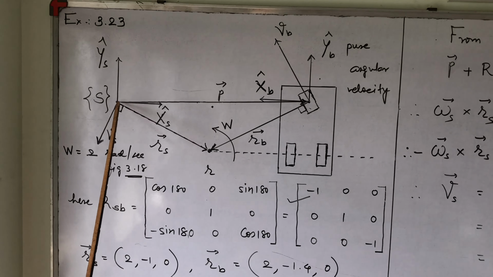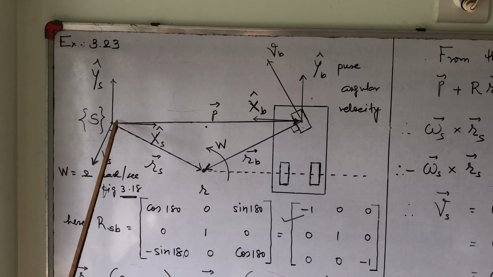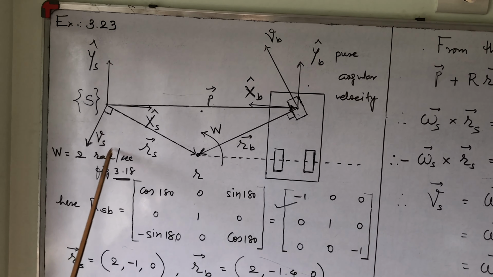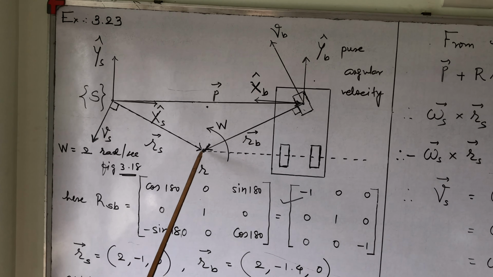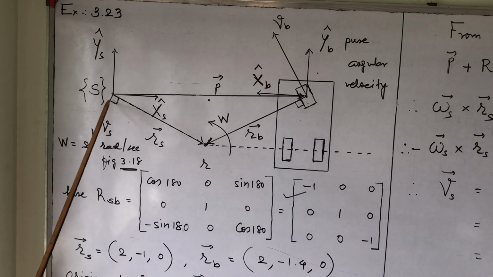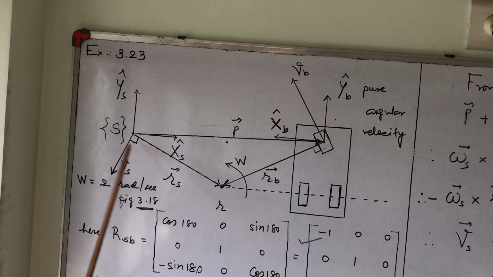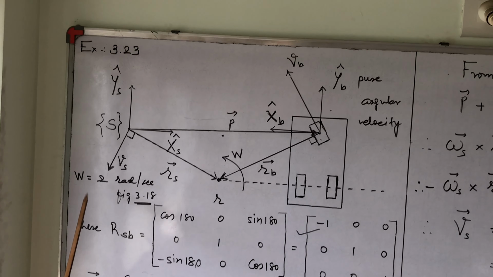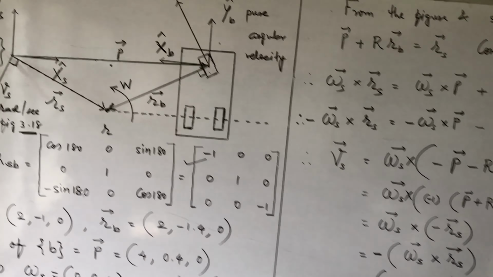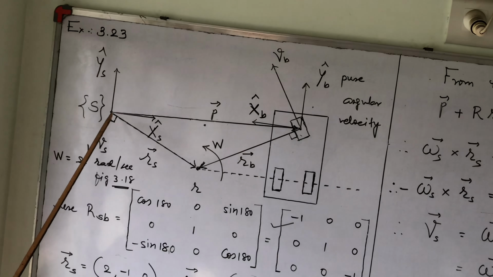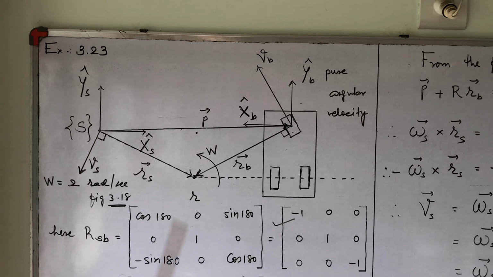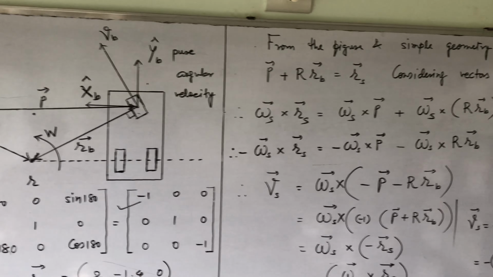So this must be at right angle to this RS vector this way. So if you want to find Vs, omega s cross minus Rs, and this gives Vs. So this confirms the theory exactly. This must be in this direction, and Vs is this, -2, -4, 0. According to this frame, x is here, y is here. So x coordinate is also negative, y coordinate is also negative, and according to scale it is -2, -4, 0.